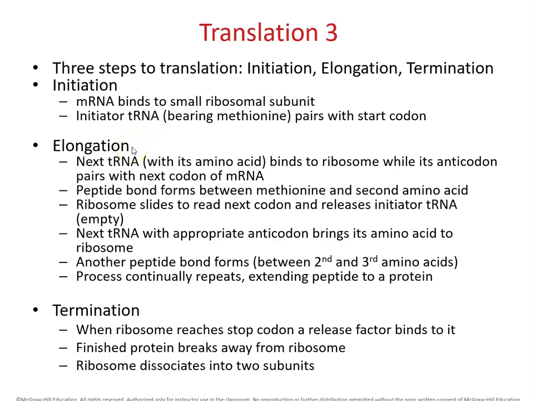Then we have elongation, and in elongation, a whole series of tRNAs bring the next amino acid in the sequence to get added to the building protein. And finally, when we get to a stop codon, we're going to have termination, and this is where the protein is done being made. No more tRNAs come in carrying amino acids, and the amino acid chain is complete.